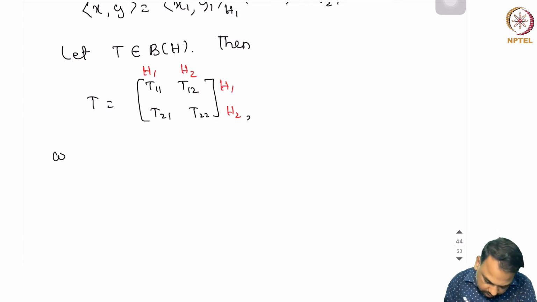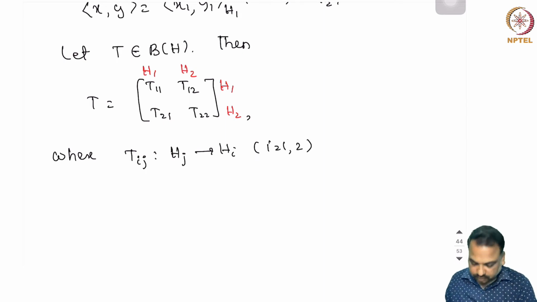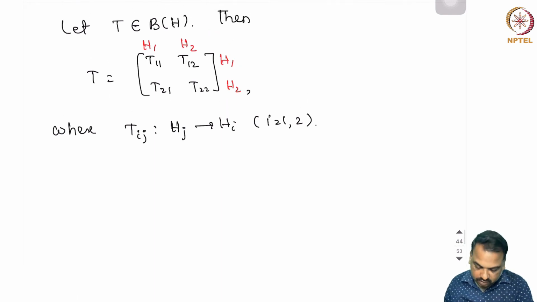We can say that this Tij is a map from Hj into Hi, i and j equal to 1 to 2, which is linear and bounded. In fact, we can get Tij when T is given.